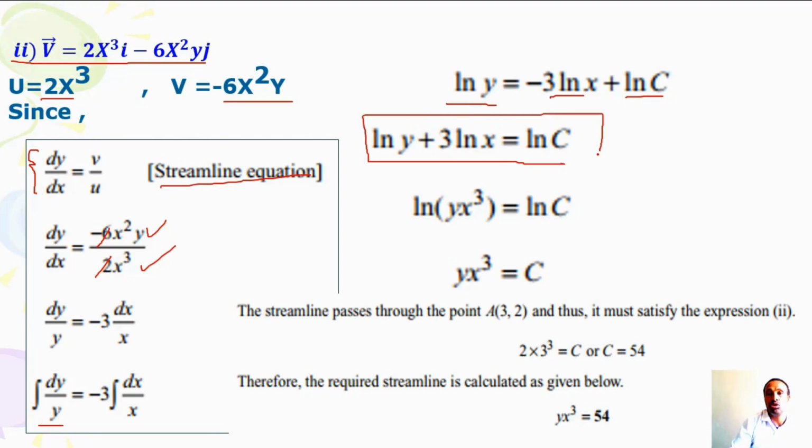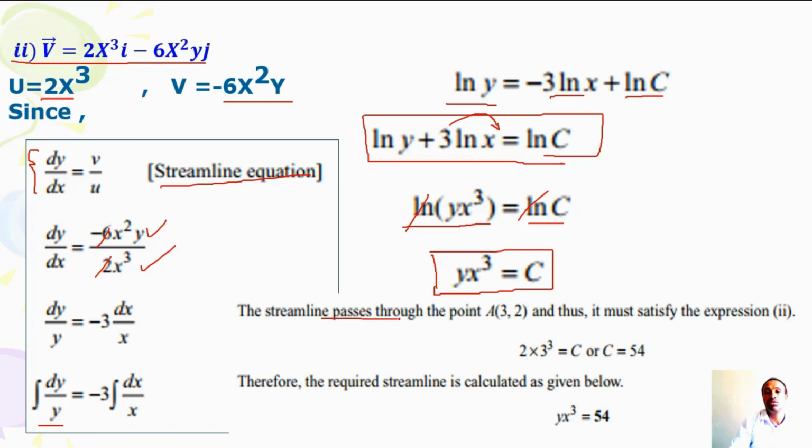Then according to the logarithm property, if you have a summation with the same base, you can multiply. So you go to this exponent, so x cubed. So this is ln y x cubed equal to ln c. Then we can cancel ln. Then this is the constant c.